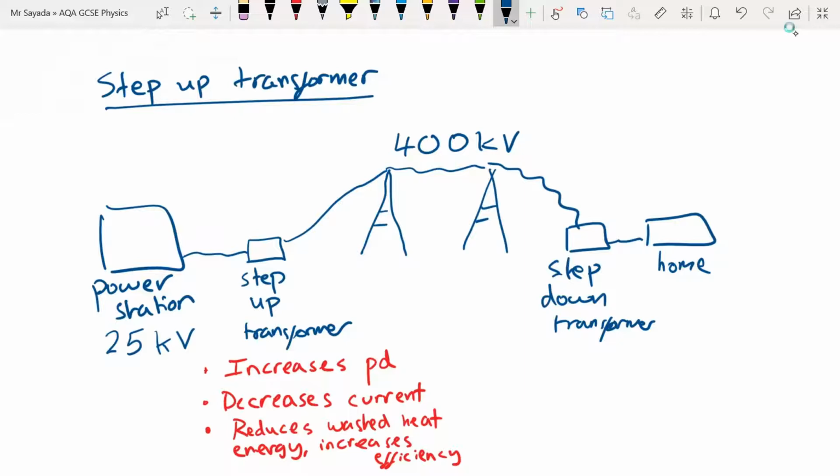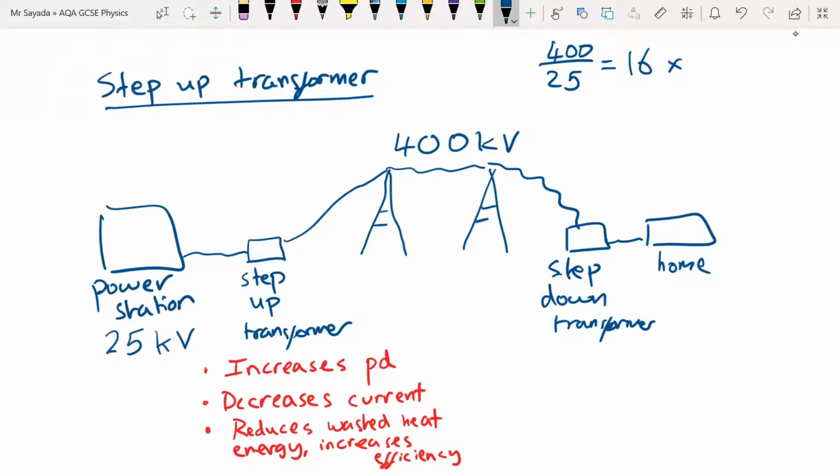Could you quickly work out what has 25 been multiplied by to make 400? Pause the video while you work that out, press play once you're ready. So you should have worked out that the voltage has been multiplied by 16. So when you do 400 divided by 25, you get 16. So what this step-up transformer has done is increased the voltage 16-fold.